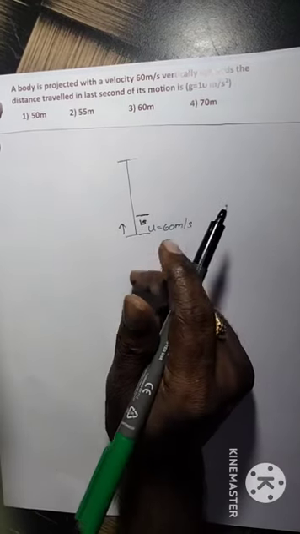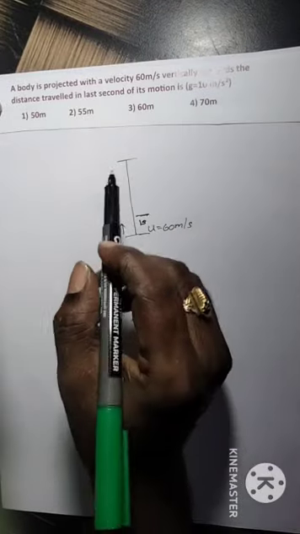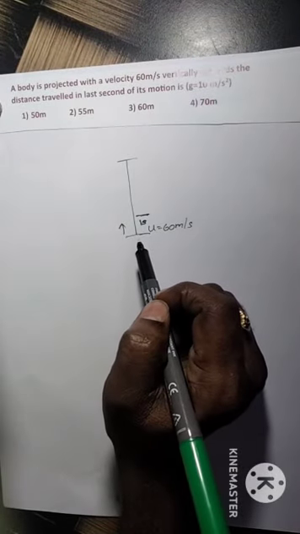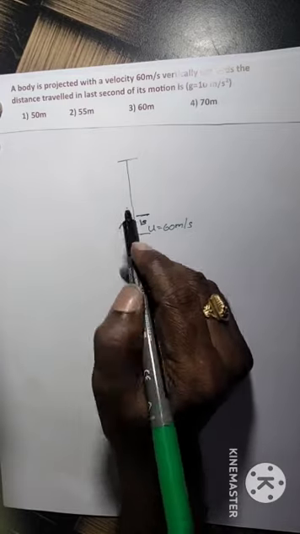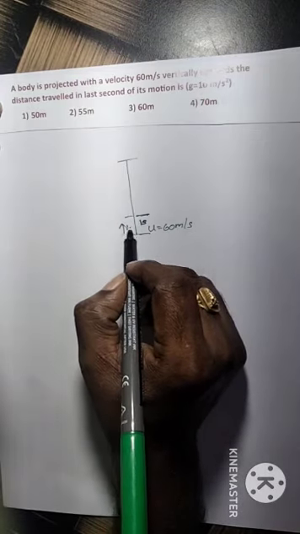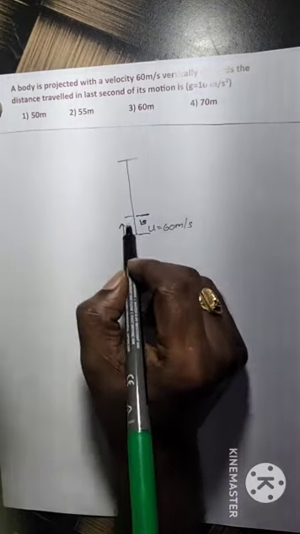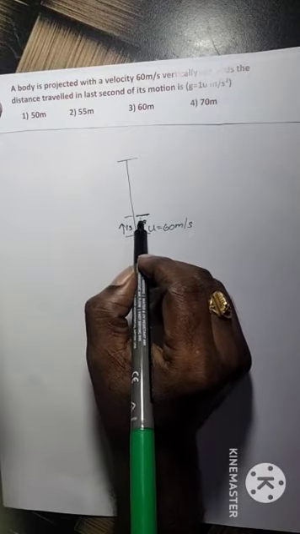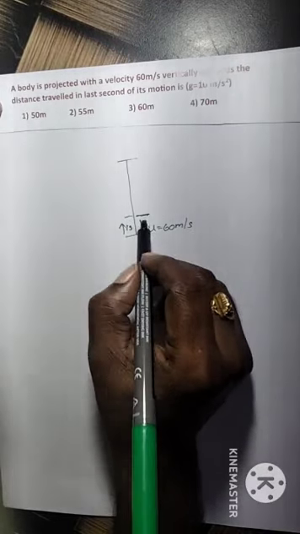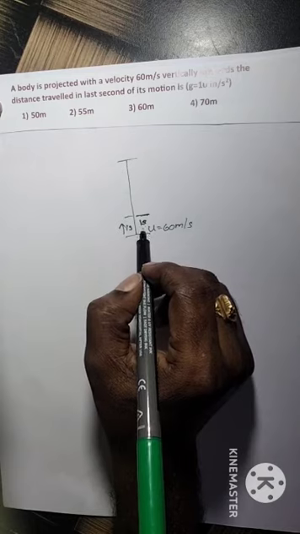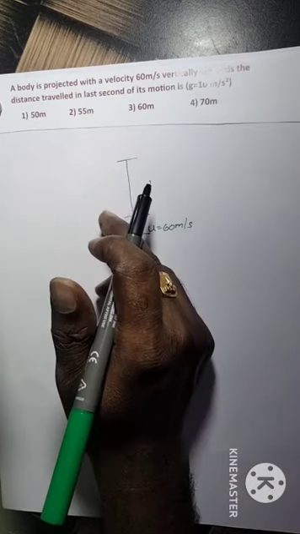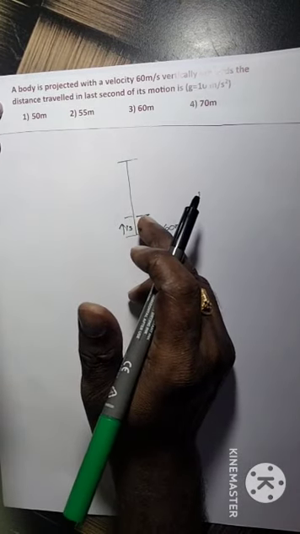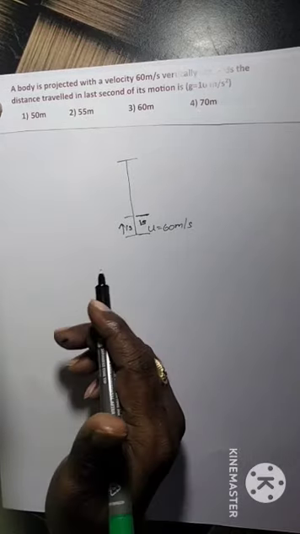So in this situation, the last second of its downward motion is equal to the first second of upward motion. So the first second in upward motion, what distance does it travel? In the last second of downward motion, that much distance it will travel too.